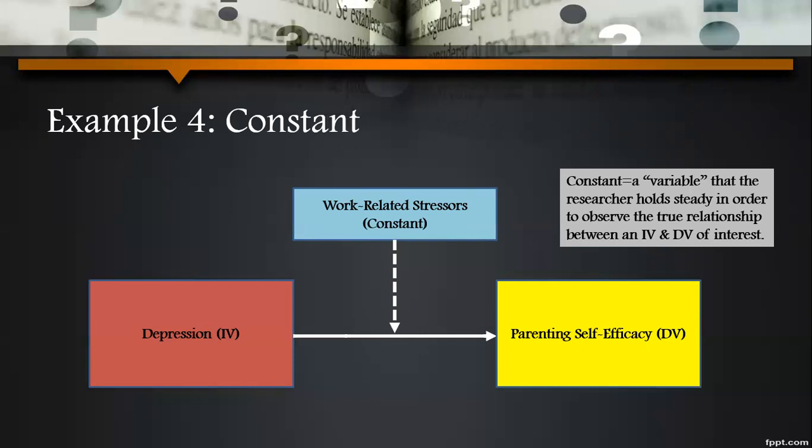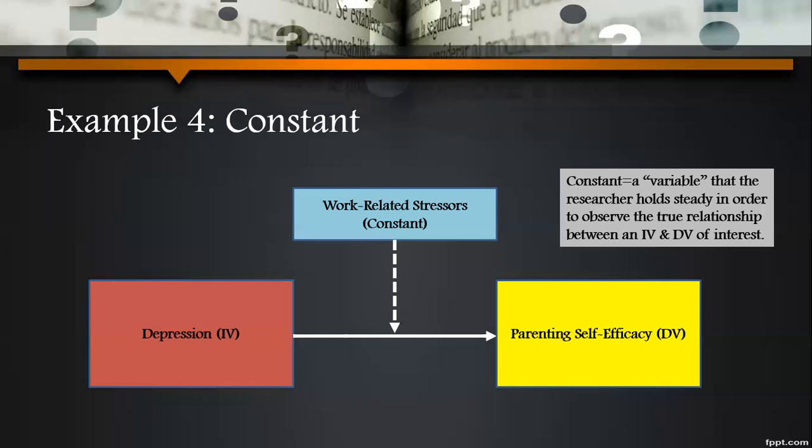How do we know which variables to control for or which should be constants? Typically, we look to the research literature. Other researchers help us to know, okay, I conducted this study, and I controlled for these variables, so you might want to consider doing the same. In other words, we look to what other researchers have done in their studies, and that gives us cues on what variables we should be taking into consideration.